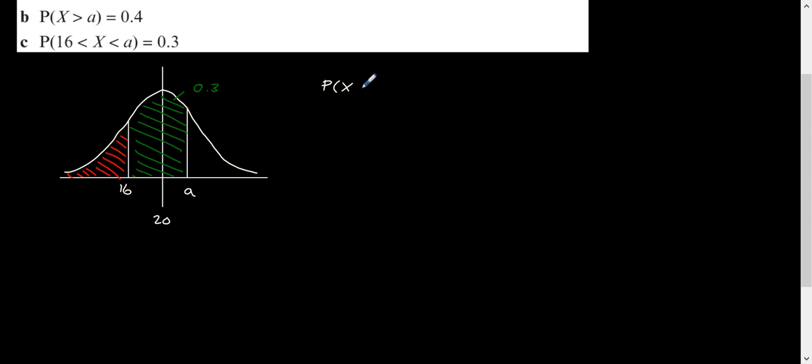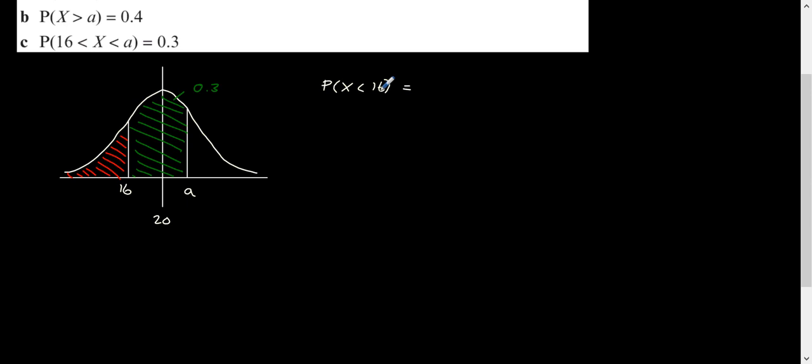Let's find the area of x less than 16 using our straightforward normal distribution, as we learned in the last lesson. So menu 7, normal CD, which is option 2. Lower, we're going to make a very small number, minus 100,000 will do it. Upper is 16.